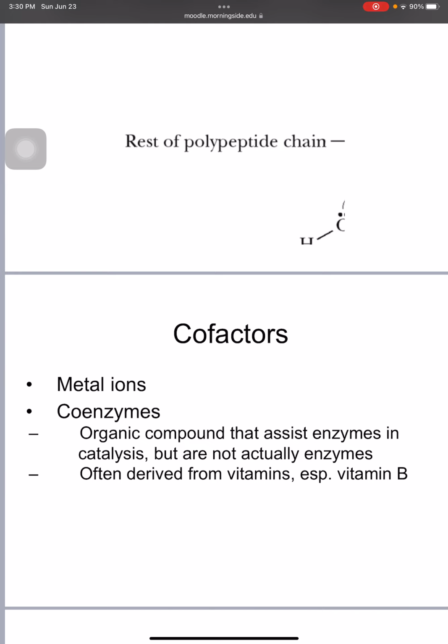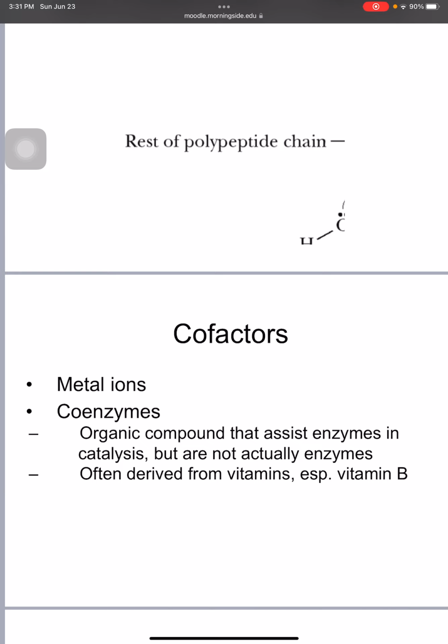Metal ions can be used in this manner as what we call a cofactor. A cofactor is going to be defined as a non-protein substance that sort of helps out. It helps out enzymes when they catalyze reactions, right? It's their little helpers. And cofactors, just like enzymes, are going to be regenerated in their original form at the end of the reaction, right?